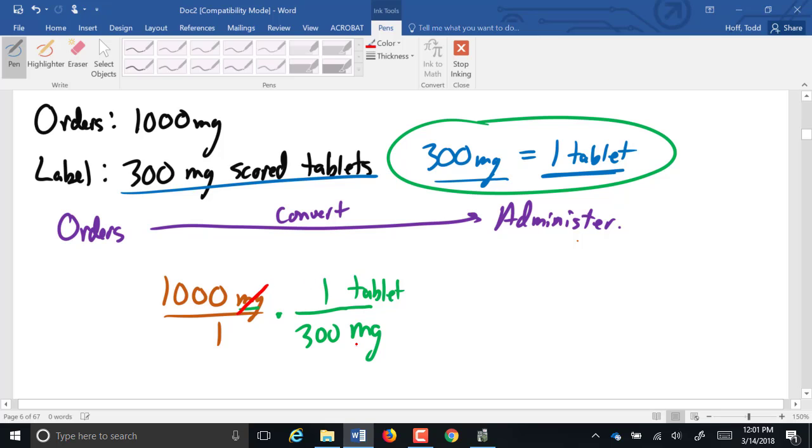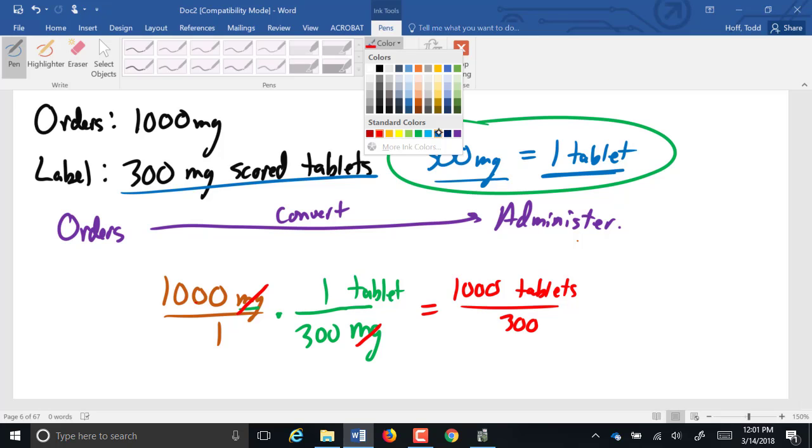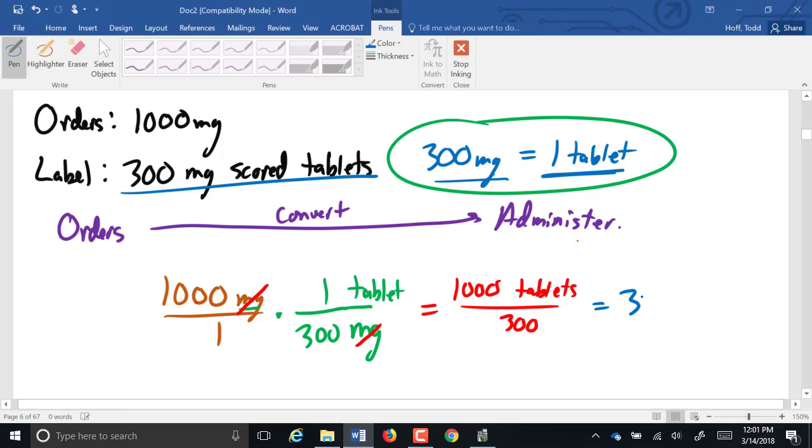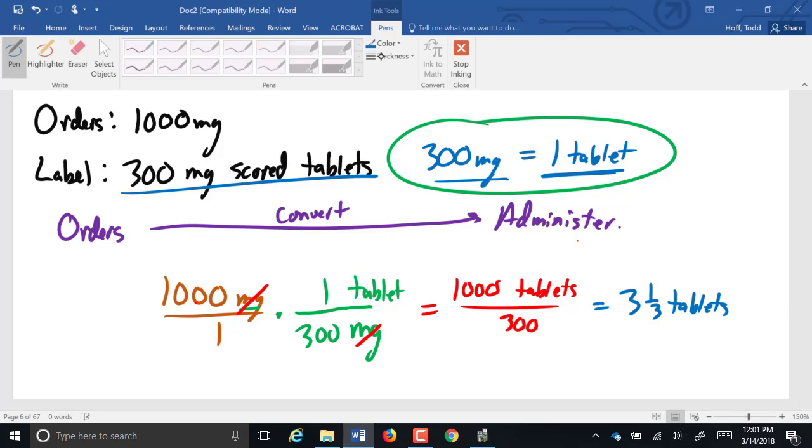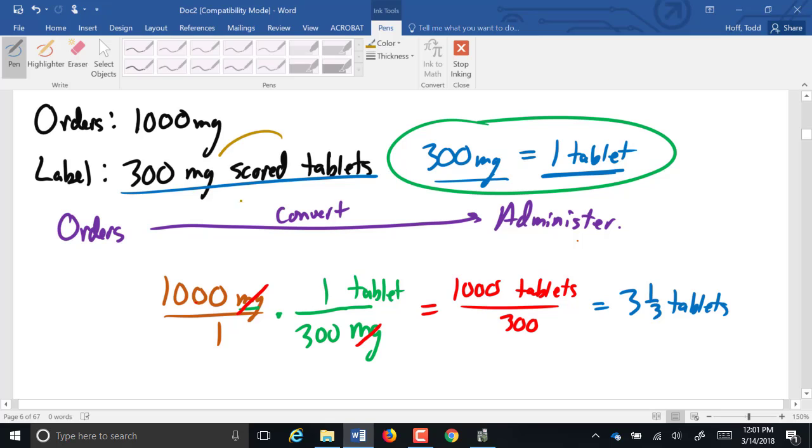So now the milligrams cancel out, and we just multiply across here. 1,000 times 1 tablet is 1,000 tablets. 1 times 300 is 300. 1,000 tablets divided by 300 is 3 1/3 tablets. Now again, that is scored tablets. We round that to the nearest half, which is 3 1/2 tablets.